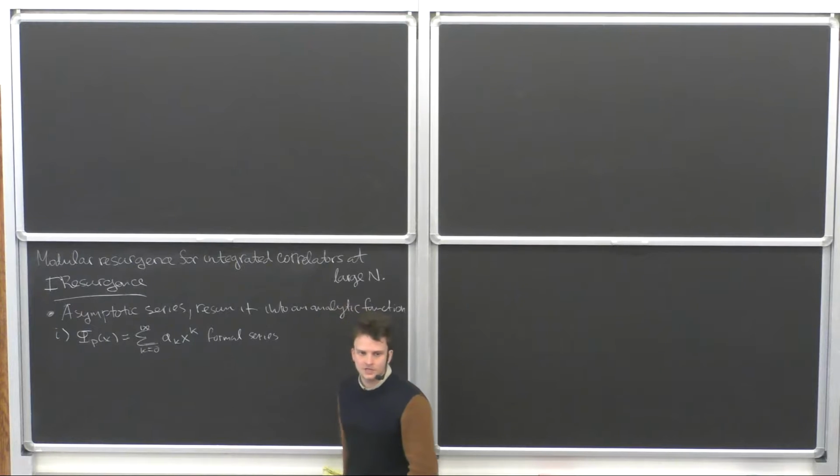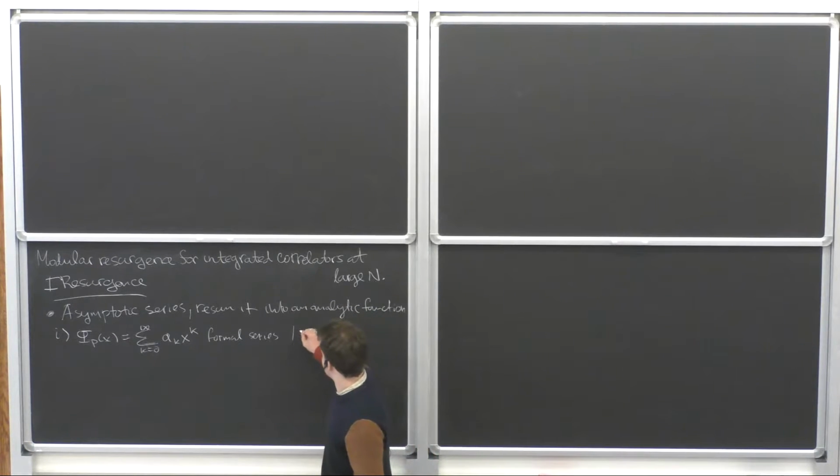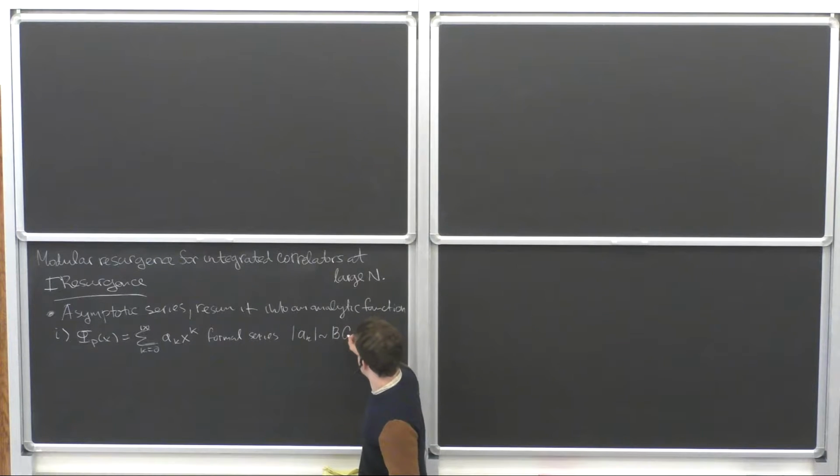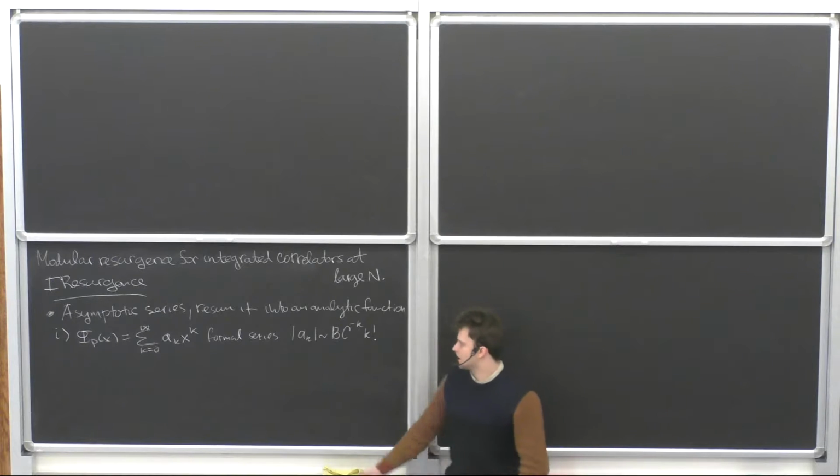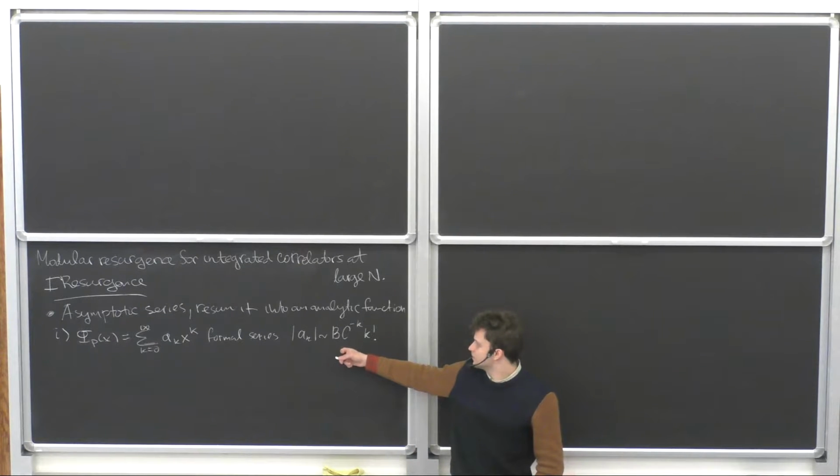We don't want them to grow too fast. So in particular, I will say that their magnitude is asymptotic to some b, c to the power negative k, k factorial. So they have, at most, factorial growth and some subleading power behavior.